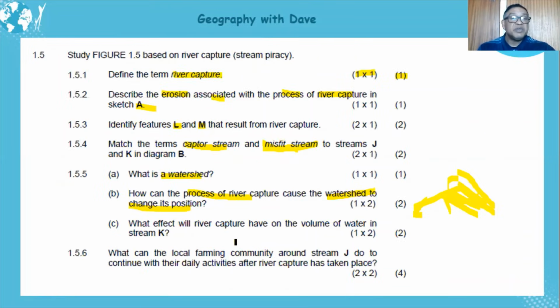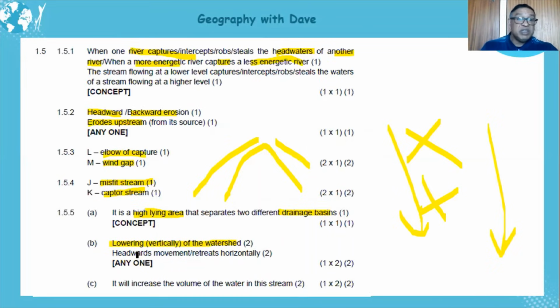Okay. Let's look at the question. How can the process cause the watershed to change? But not how. It's how. All right. And if I look at this, headward movement retreats horizontally. I like that one because each time you're getting headward erosion, you're getting a movement of the watershed.